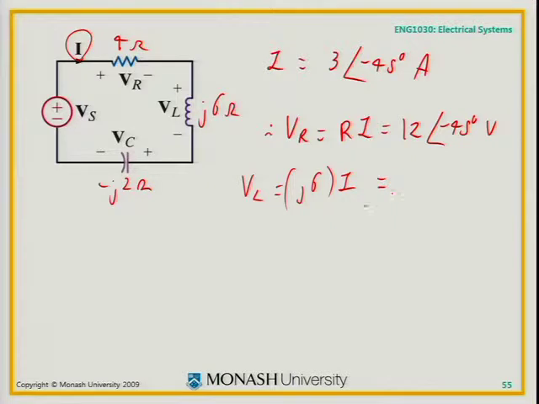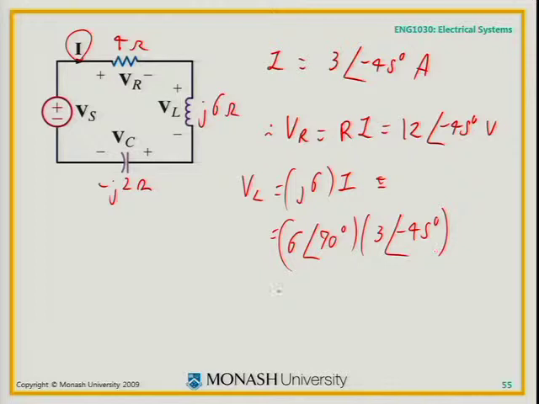What's j6? 6 at angle 90 degrees. So you could say that's 6 at angle 90 degrees multiplied by 3 at angle minus 45 degrees, which equals 18 at angle 45 degrees.